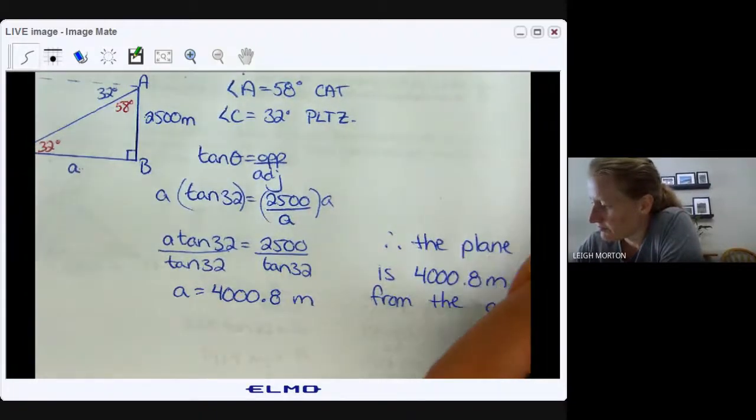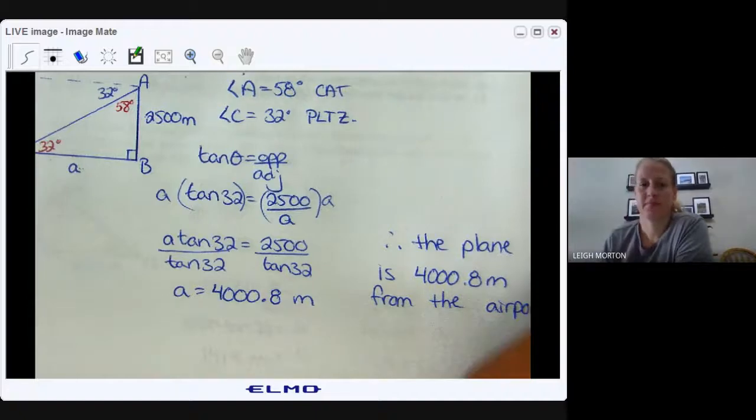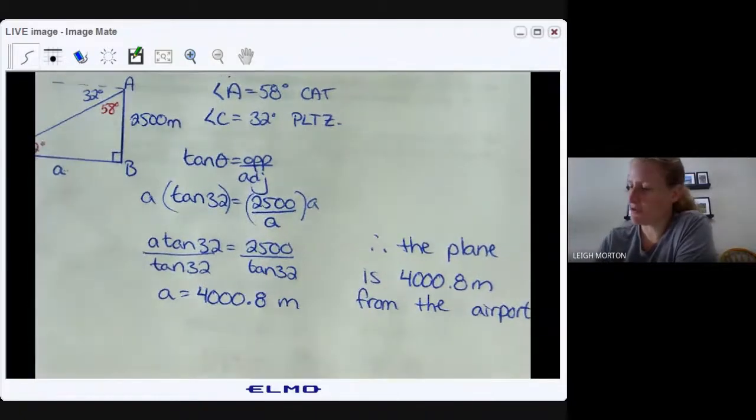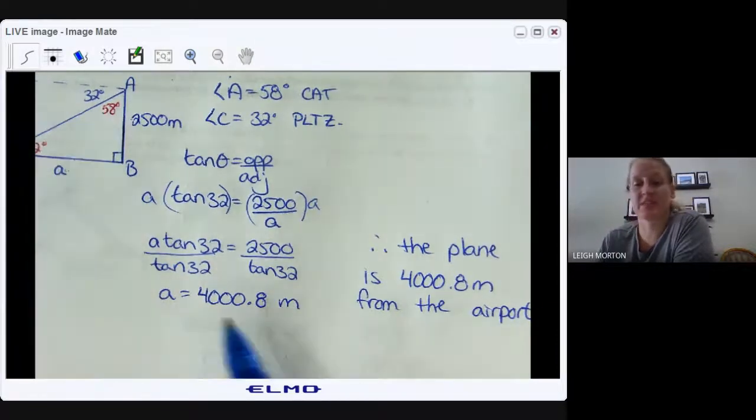And if you use the other angle, if you used A, you should get the same answer.